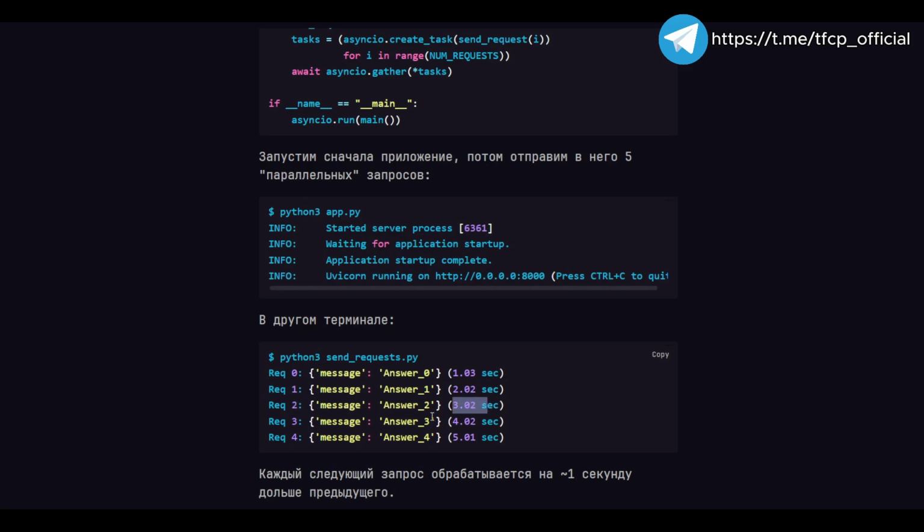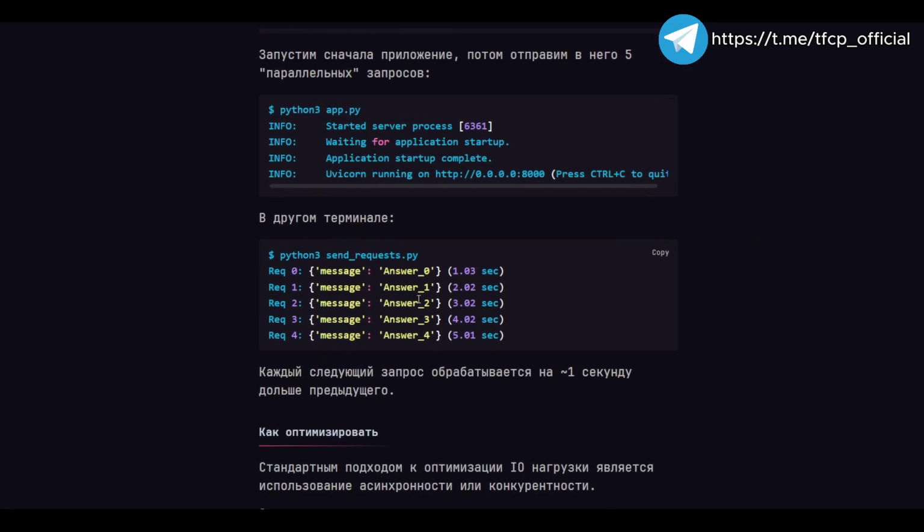The third request takes 3 seconds, the fourth takes 4, and the fifth takes 5. So indeed, the response time for requests sent at that moment grows as 1, 2, 3. Each request takes 1 second longer than the previous one. This is absolutely not acceptable by any standards.